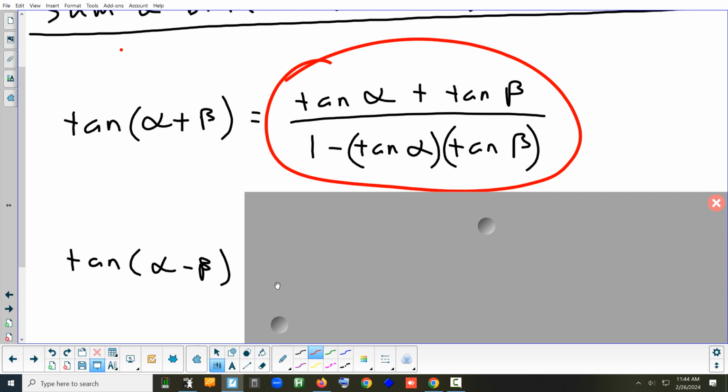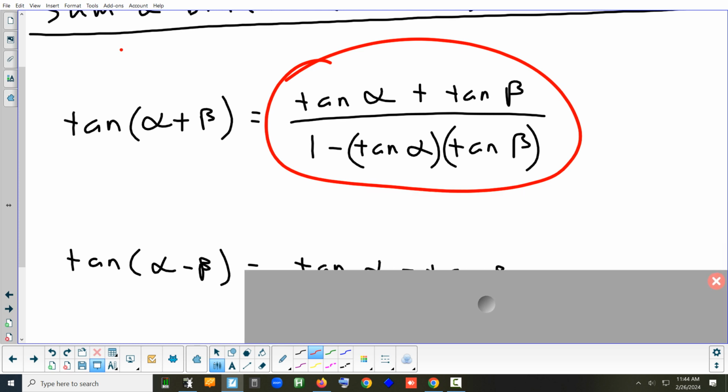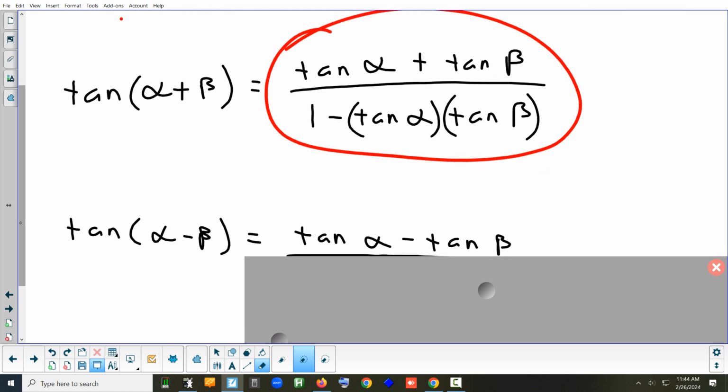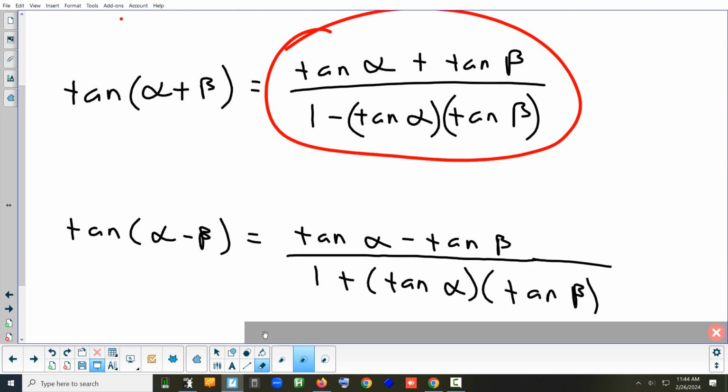All right, so read the whole top to me. Tangent of alpha minus tangent of beta. Yes. So it'd be tangent of alpha minus tangent of beta. And anybody think they know what the bottom would be for this one? Yep. The 1 plus all those? Yep, 1 plus the product.